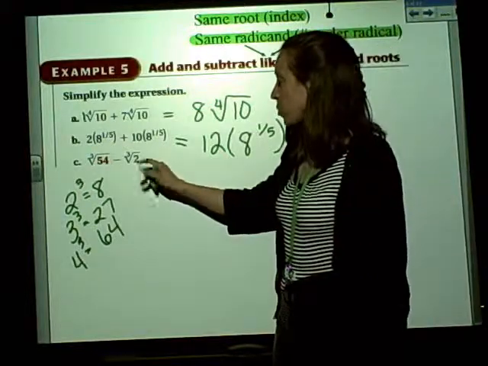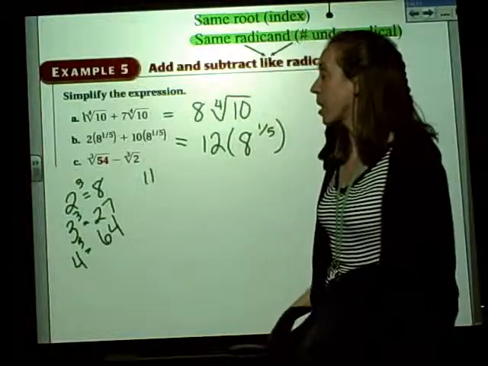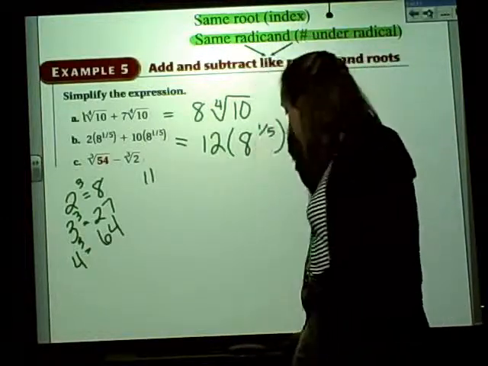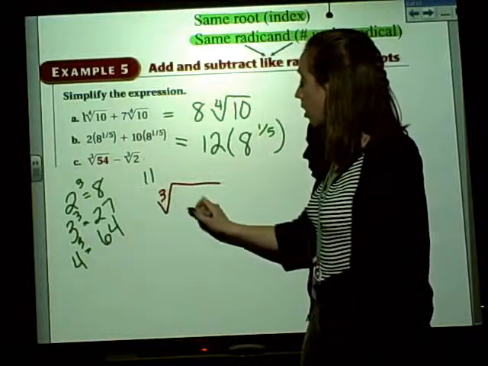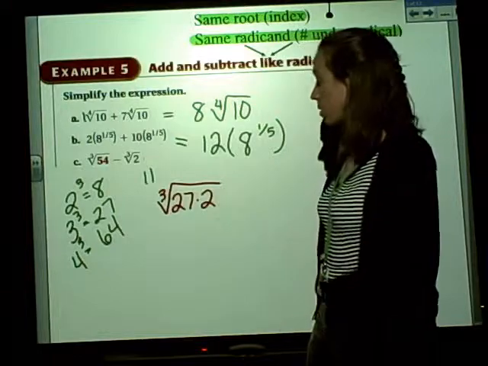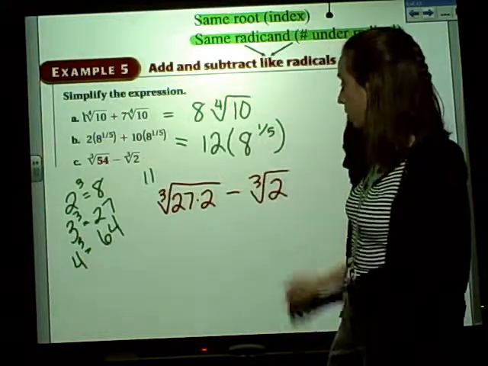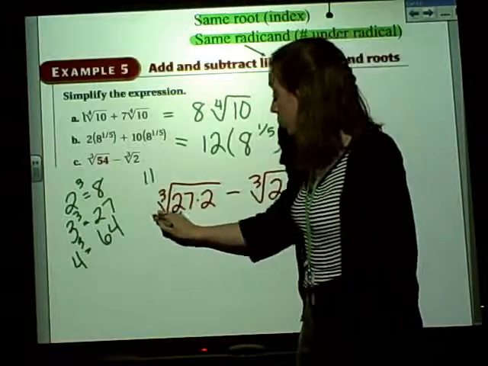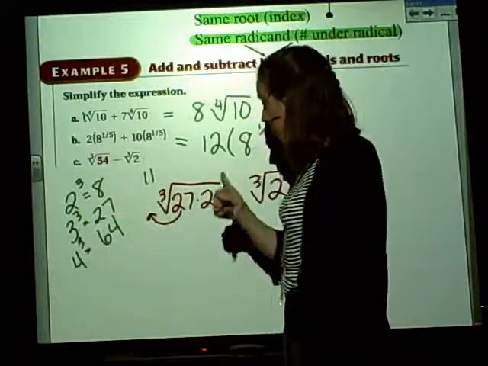And it's almost a clue if we look at that second radical. We want it to match that second radical. So what we're going to do is we're going to rewrite radical 54 into radical 27 times 2 minus radical 2. We can cube root 27, and we wrote out our cubes, so we're awesome.